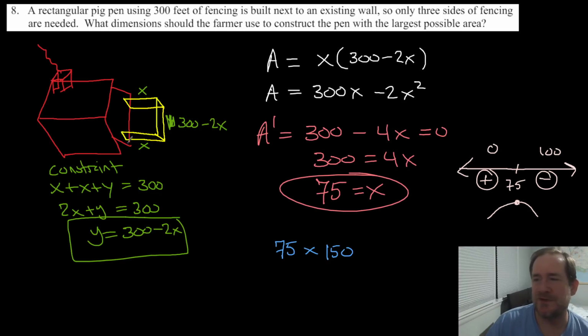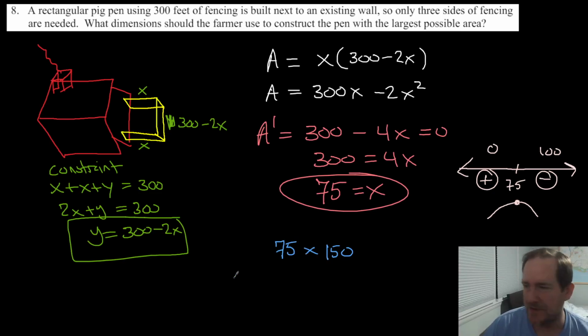Do you mean there should be 150-foot sides and only one 75-foot side? Well, that violates our constraint, obviously. The 150 and 150 would make 300, then you wouldn't have 75 left over. But you better be a little more careful here.